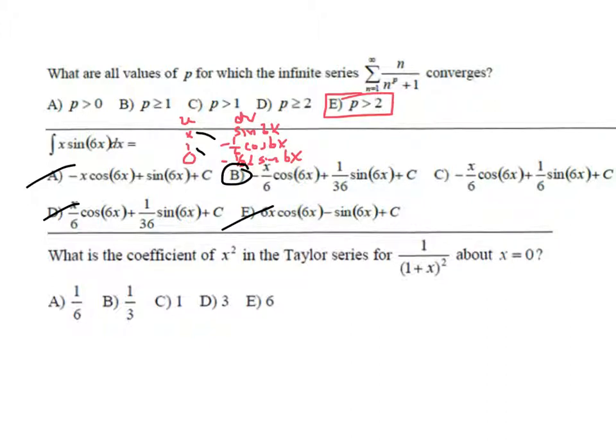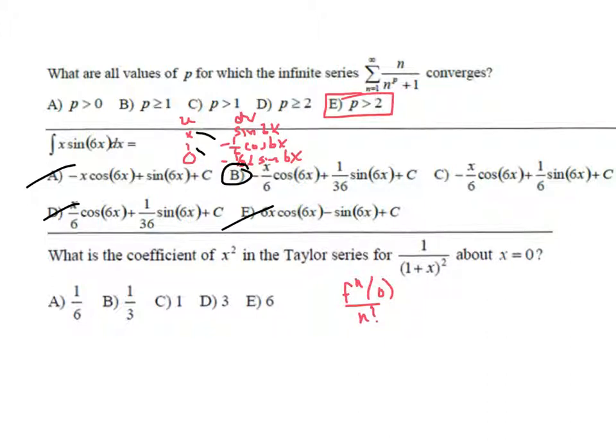Finally, what's the coefficient of x squared in the Taylor series? Okay, well, this isn't necessarily one we know. Let me write down what we're going to need here. We've got nth derivative at, in our case, 0, because we're about 0, over n factorial.